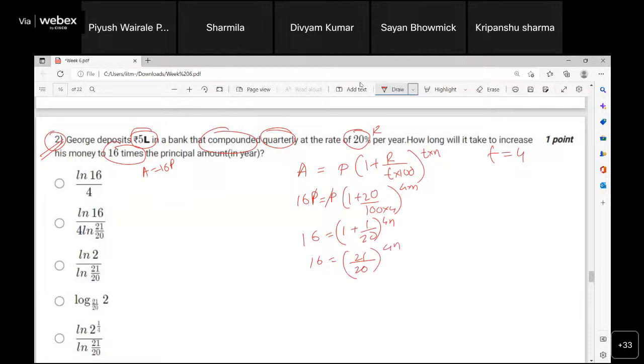Okay, now just take the log on both sides. So log of 16 equals log of 21 upon 20 to the power 4n. So the power will come down, so 4n times ln of 21 by 20. So n equals ln of 16 upon 4 into ln of 21 by 20. So option B is correct.